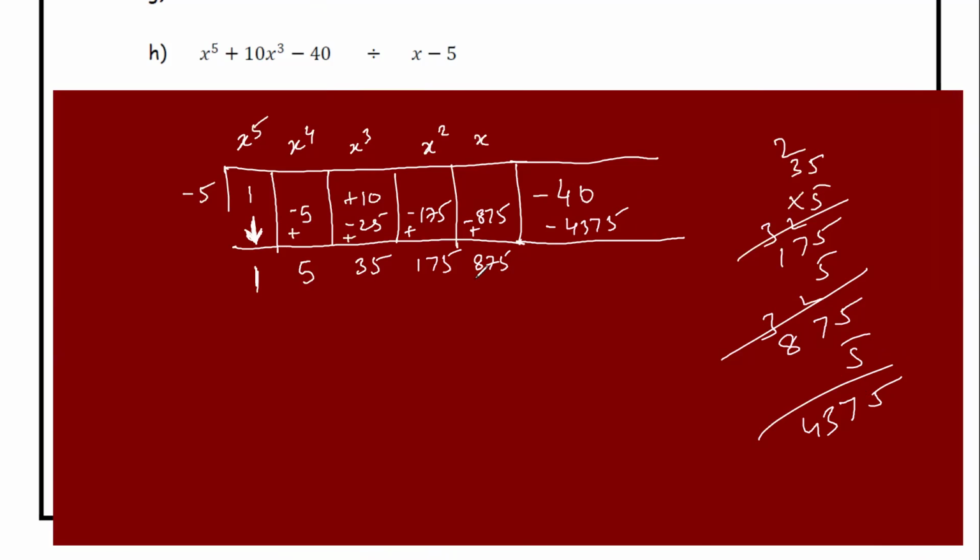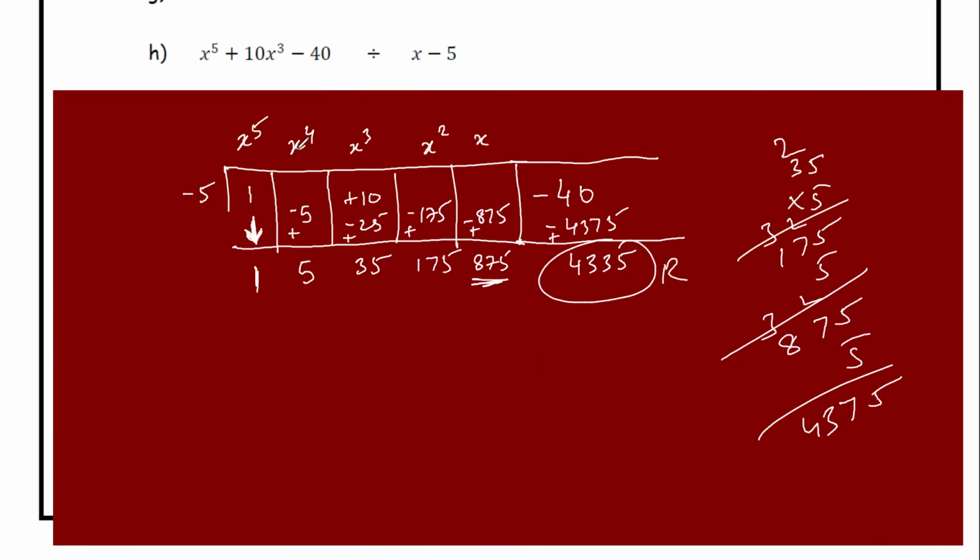Why negative? Because 875 into negative 5 it is, okay? And then you change the sign. When you change the sign, then you got 4375 and negative 40. That's 4335. Add 40 becomes 75. Right? So 4335, that's my remainder.